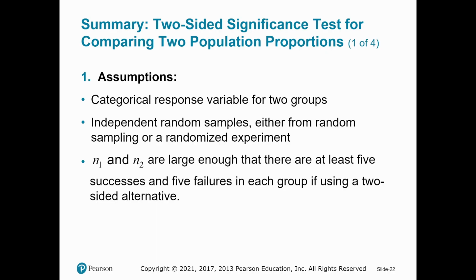That's asymptotic normality. And we need at least 5 successes or yeses and 5 failures, nos, in each group if using a two-sided alternative. And the same is true for the confidence interval.